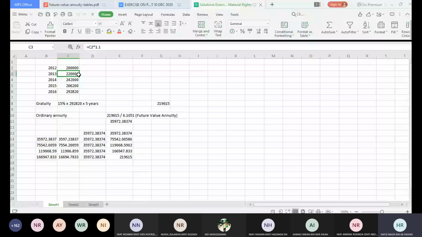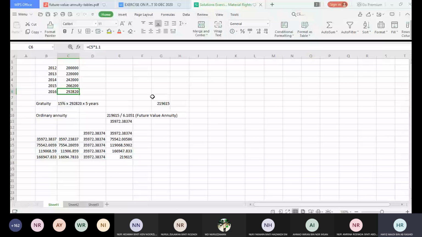Increase again by 10%, you go to 242,000. Then 10% again in 2015, and 10% again in 2016. So the estimated final year salary for the professor is 292,820.